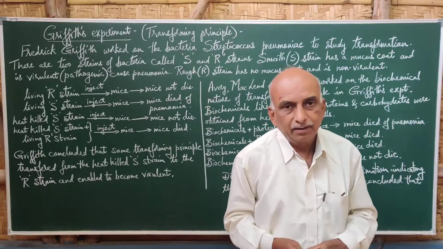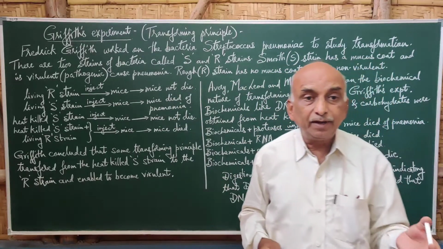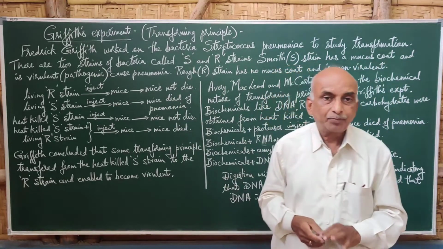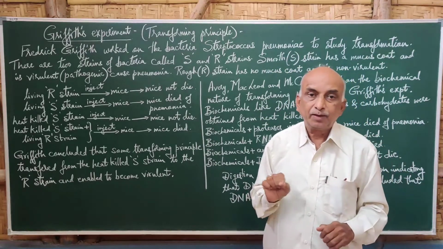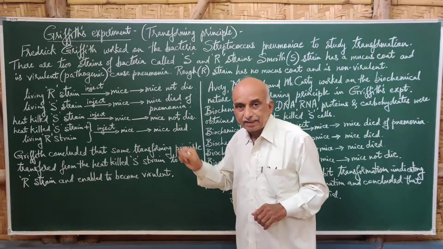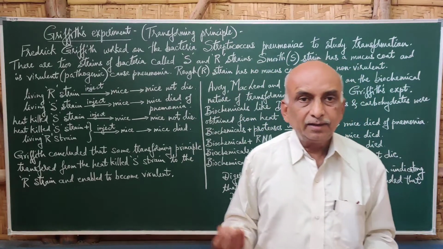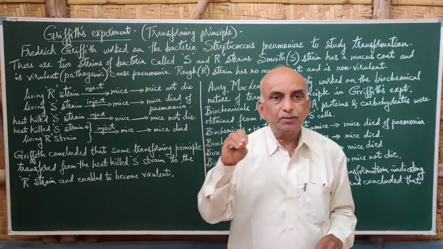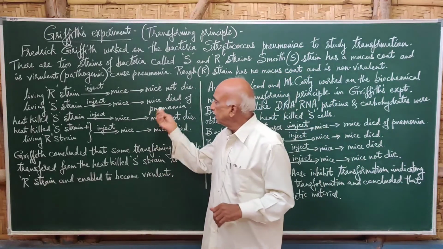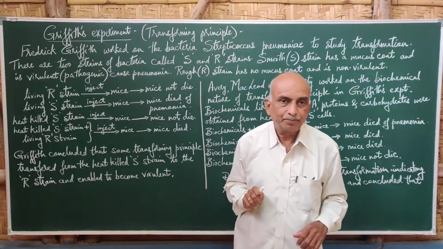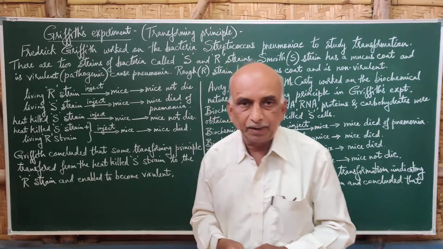It is natural. Similarly, he took living S cells and injected them into the mice. As S cells are virulent, they cause pneumonia, so naturally the mice died of pneumonia. So it is also very simple.